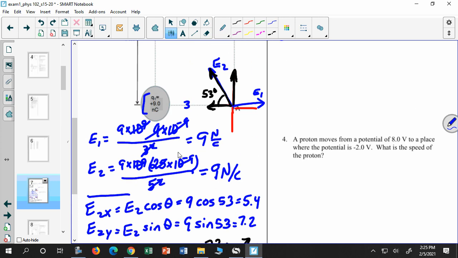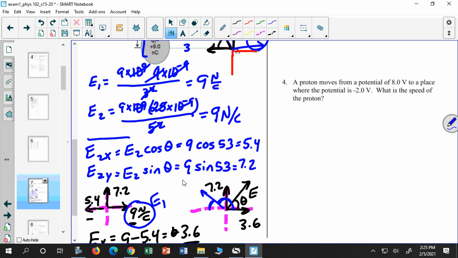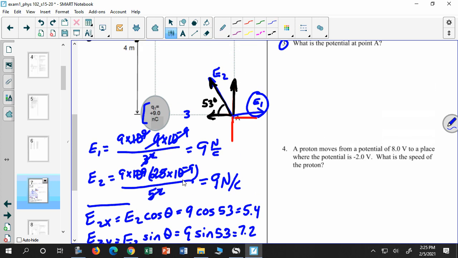And remember up here when we drew E1, E1 is in the positive x direction. Yeah, and so the 5.4 is E2x. So this is E2x. And the reason that's in the negative direction is because this vector is in the second quadrant. So its projection, its x component, is in the negative x direction.